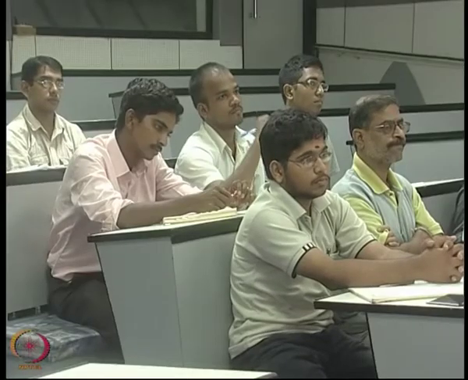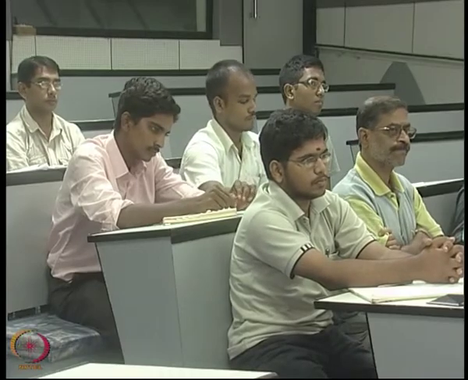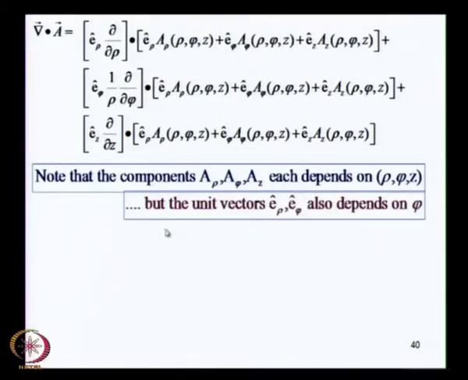The components a rho, a phi, a z of course depend on all three coordinates, but the unit vectors also depend at least on phi if not on others. In spherical polar coordinates the dependence is a little larger, but in this case there is no dependence on rho and z.